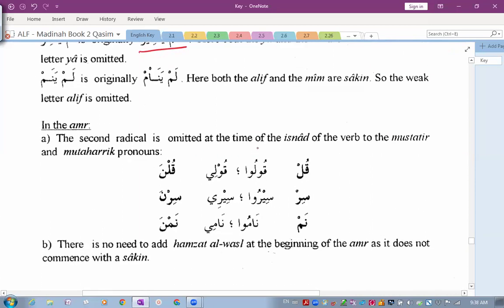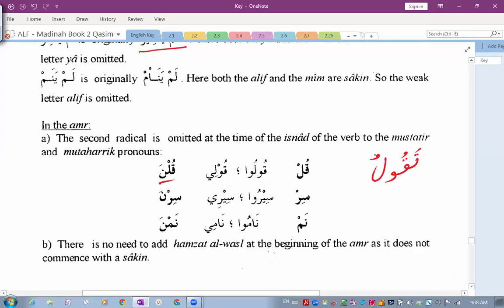Okay, now let's look at the amr. The second radical is omitted at the time of isnad to the verb to mustatir and mutaharrik pronouns. So what we are learning is when we are making amr, from kulna, sirna and namna. Takulu, right?